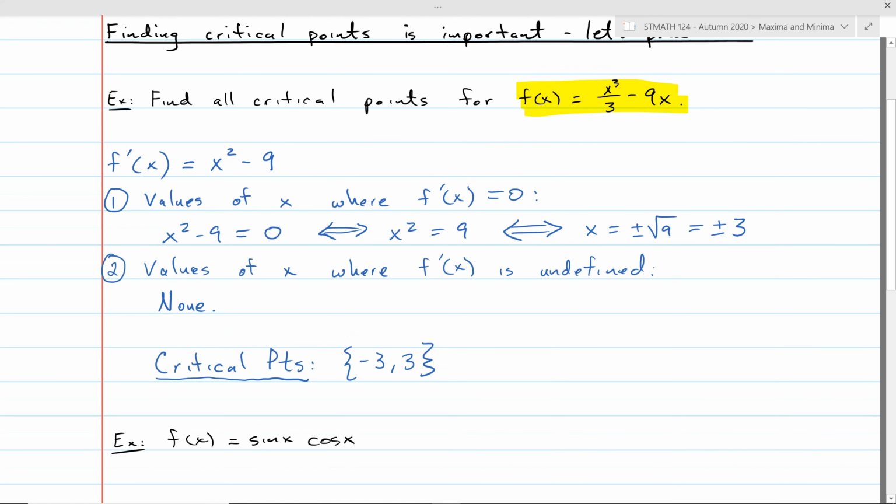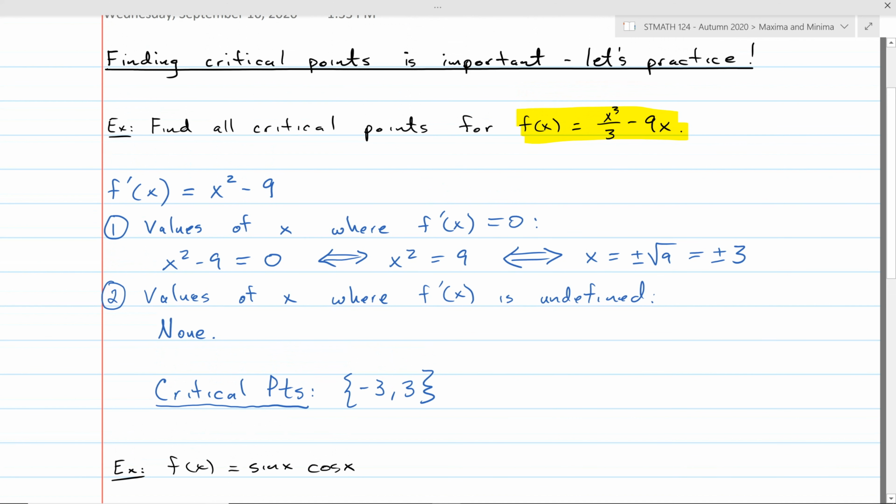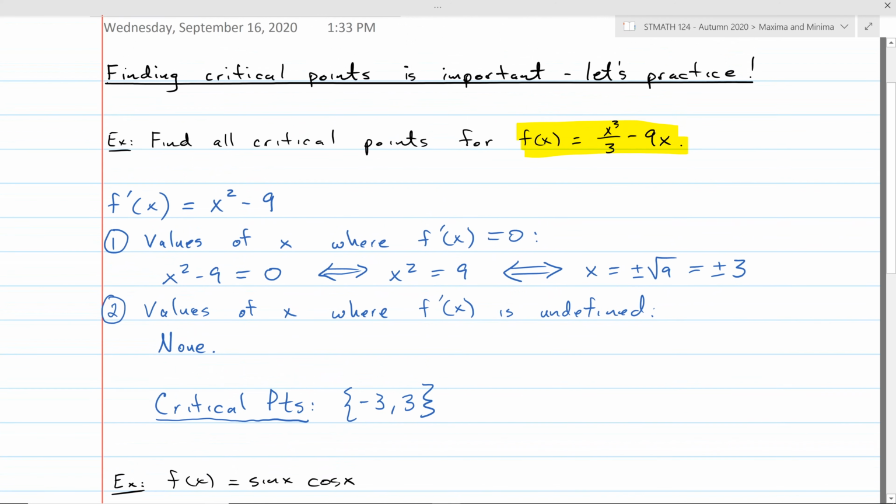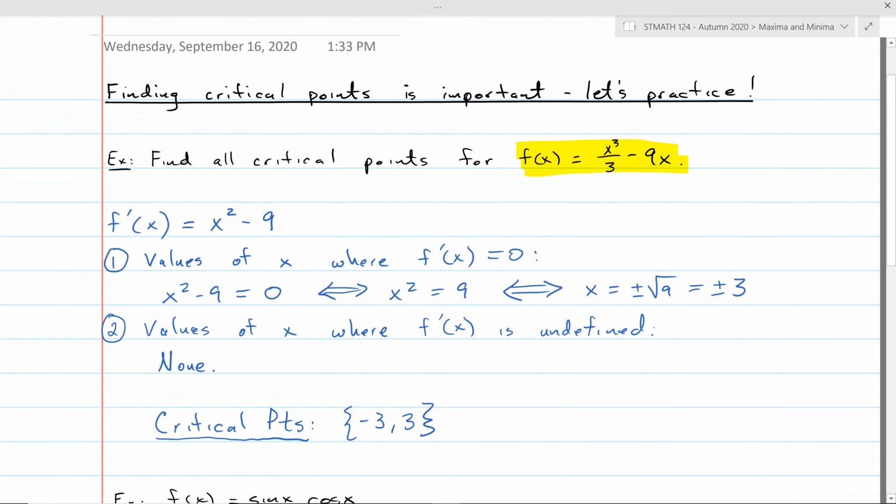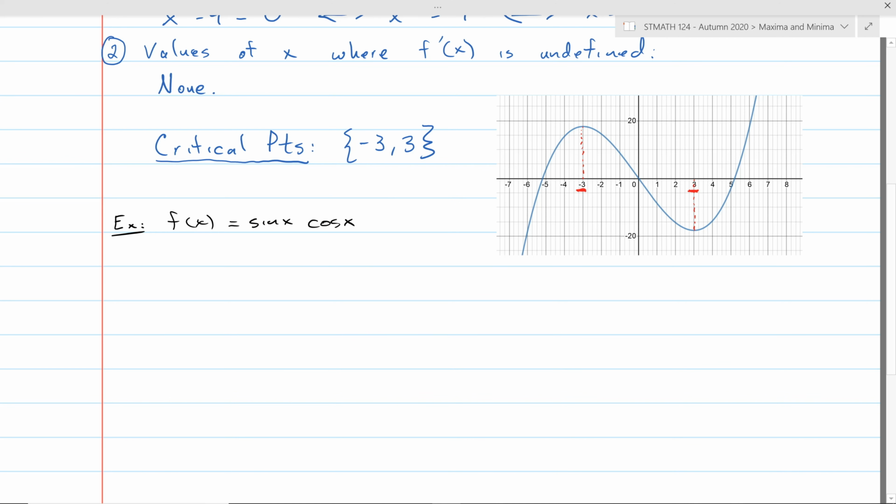It might be interesting to have a look at the graph of x cubed over 3 minus 9x, just to see what's happening at those critical points. We know that if there is a local maximum or minimum, it's got to be at these points. So I'm going to punch in the graph real quick and I'll bring it into the notes. So we can see from that graph that we do indeed have local extrema at -3 and +3.